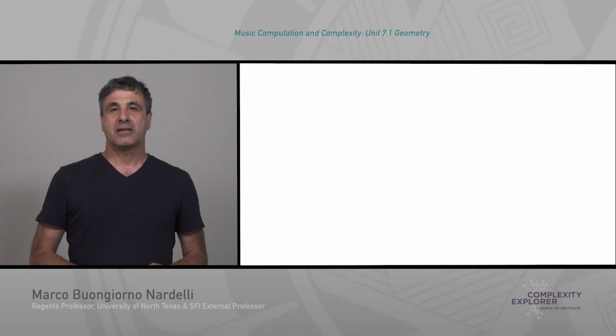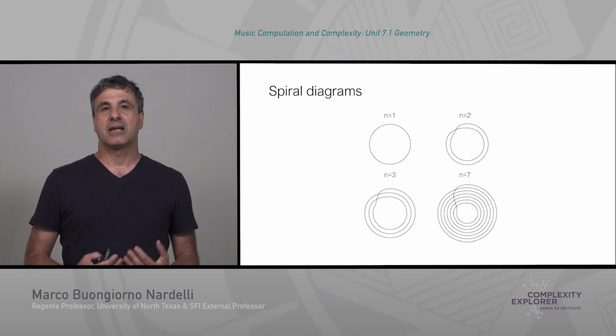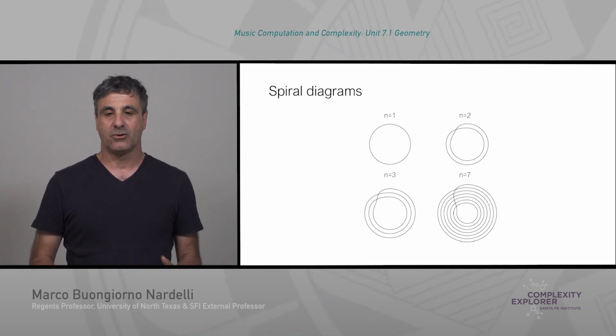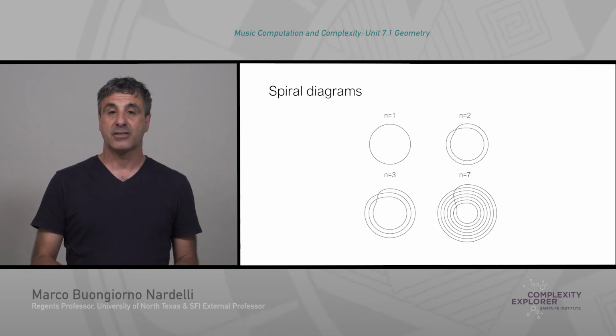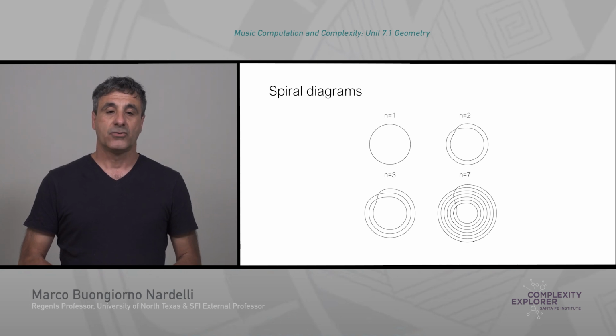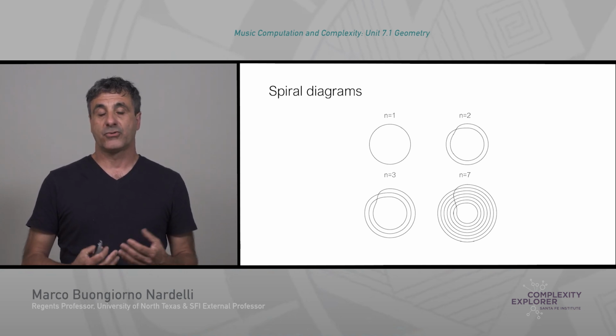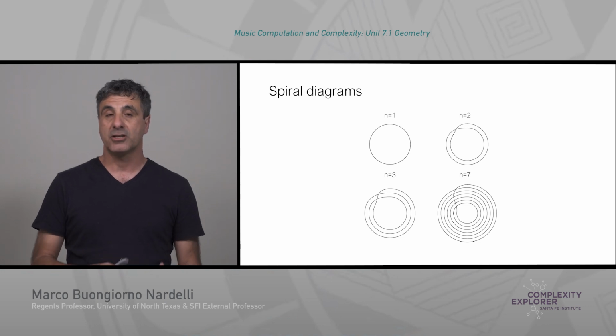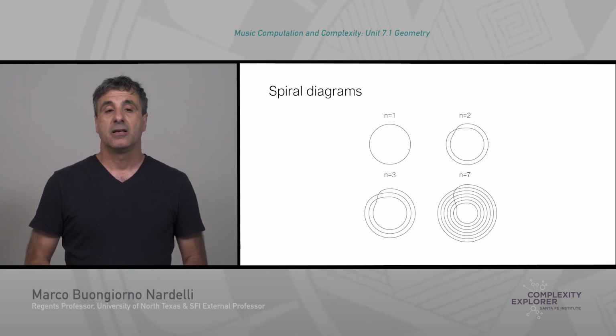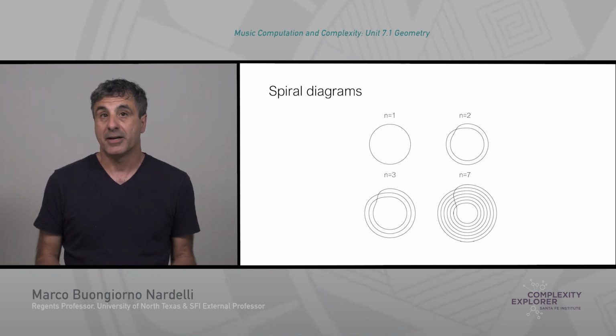So a spiral diagram is a diagram that allows us to visualize all this transposition as a single image in a single context where everything is described graphically. So in order to construct this space, because this is a representation of the space where all these operations happen, we build what we call spirals.